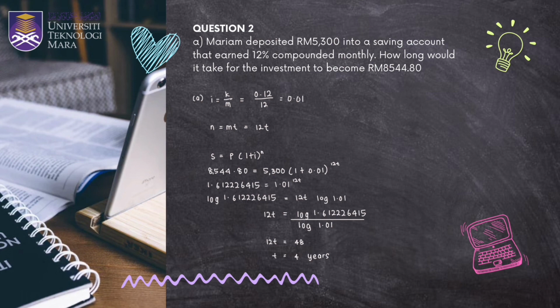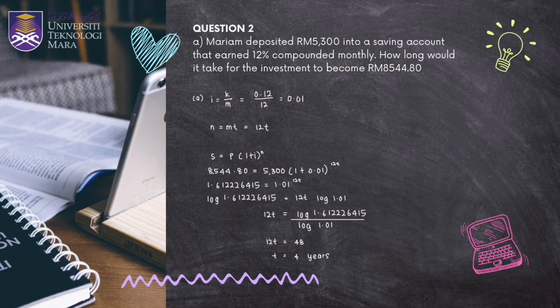For i, 0.12 divided by 12, we get 0.01. n equals m times t, we get 12t. We will be using the formula S equals P(1 plus i) powered by n because we have the value of S, which is 8,544 and 80 cents. We can now insert the information into the formula.